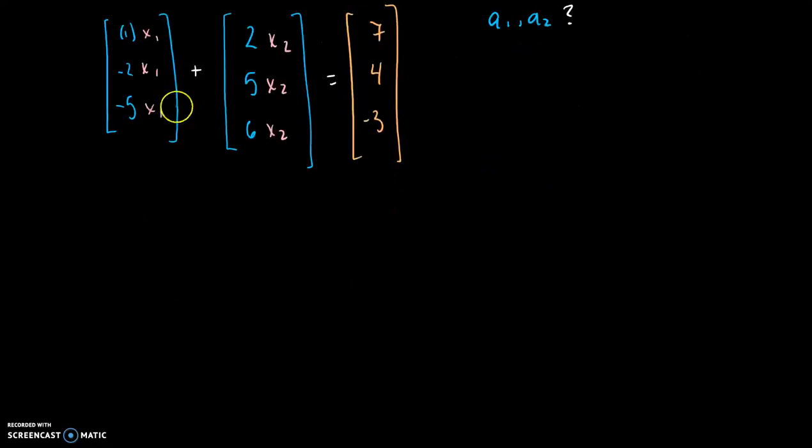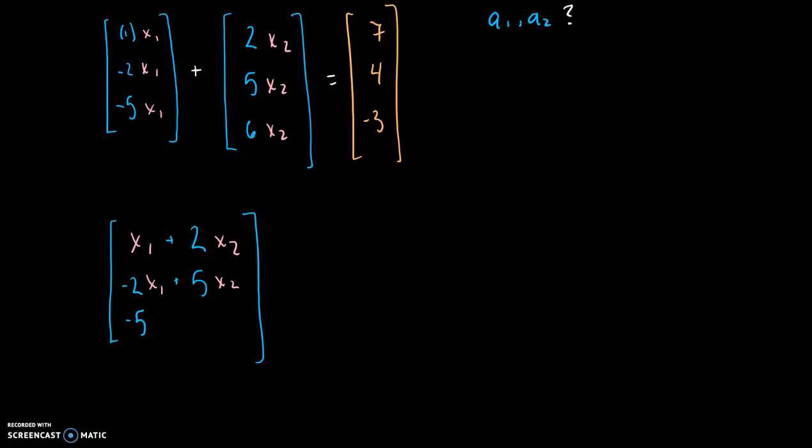Alright, so let's continue to simplify this a little bit. We can add these two vectors together using the vector properties that we learned in a prior video. And what we'd have is x1 plus 2x2, and then negative 2x1 plus 5x2, and then negative 5x1 plus 6x2, because we're just conducting element-wise addition here.